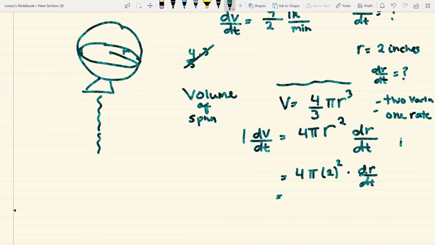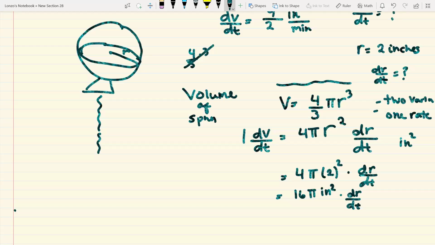If you're squaring an inch, you get inches squared, right? So this was going to be 16 pi inches squared times dr/dt.